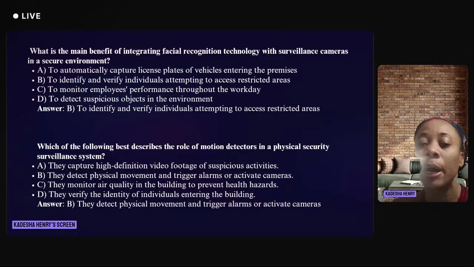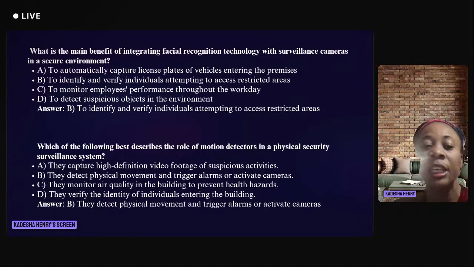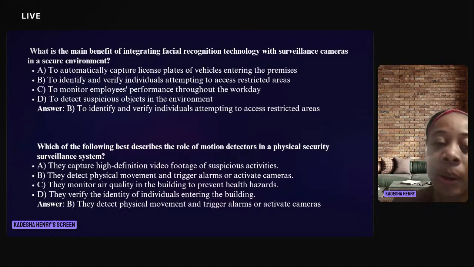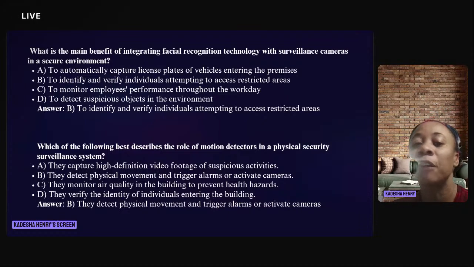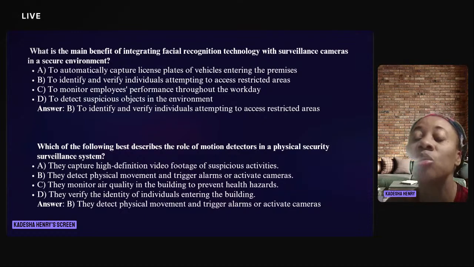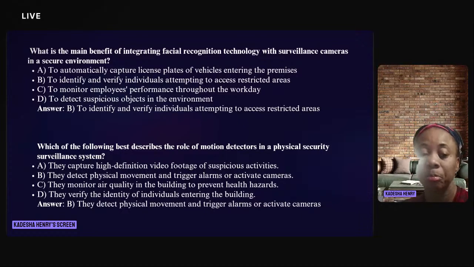C, to monitor employees' performance throughout the work day? D, to detect suspicious object in the environment. And we will go with B, to identify and verify individual attempting to access restricted area. So that's the reason we put facial recognition technology.